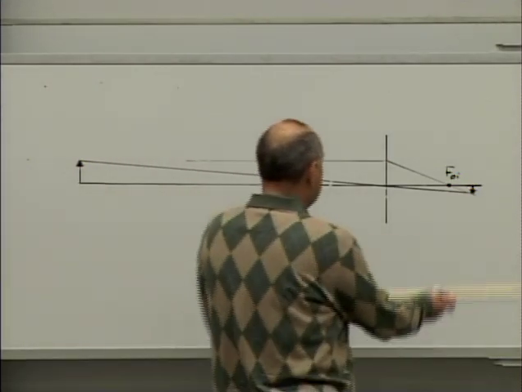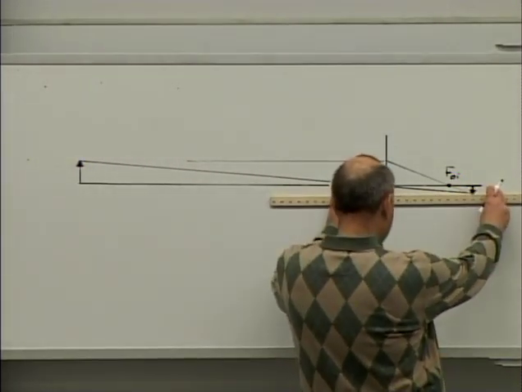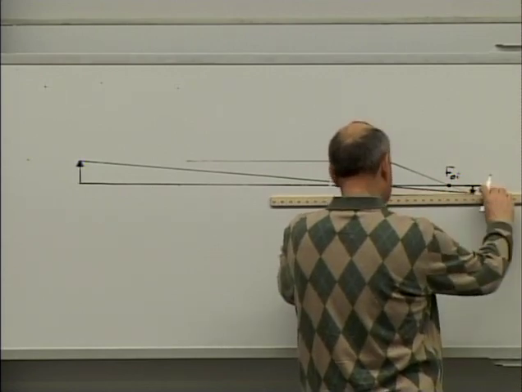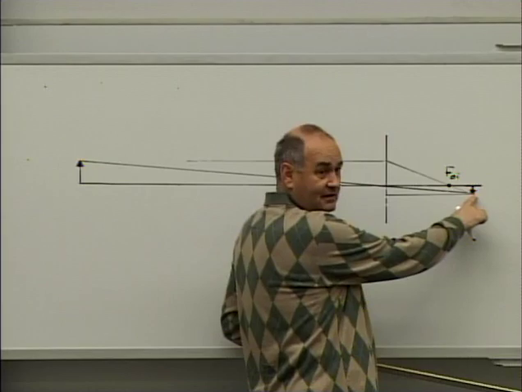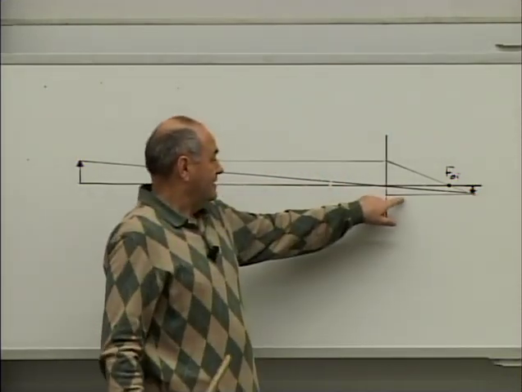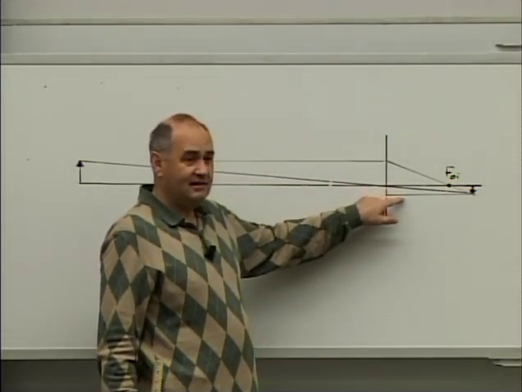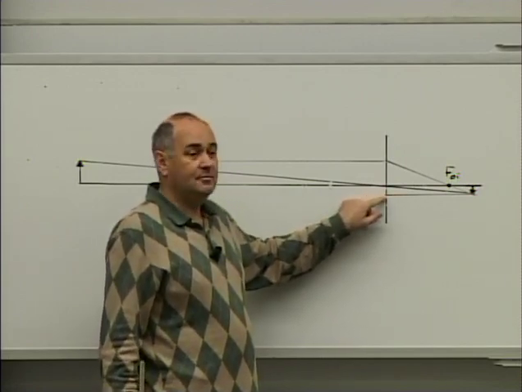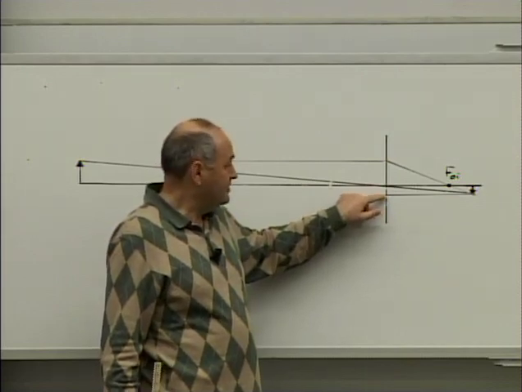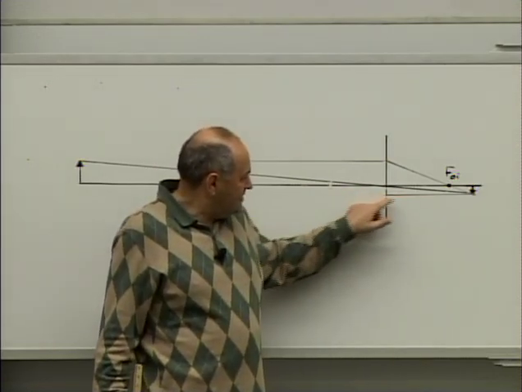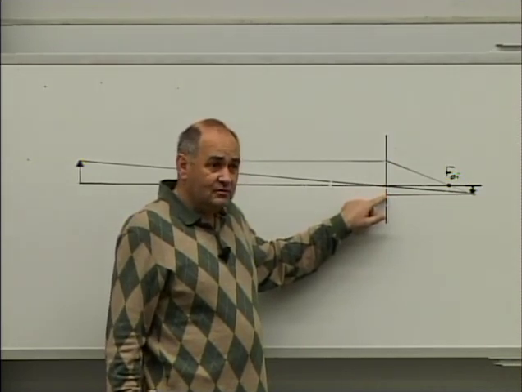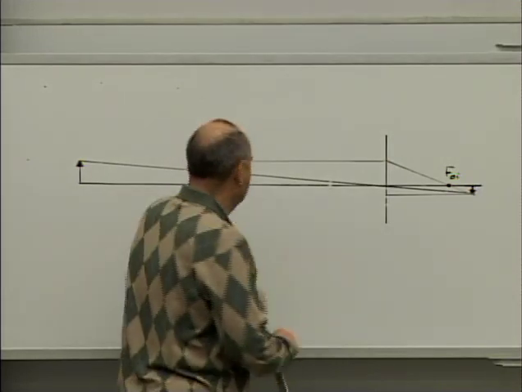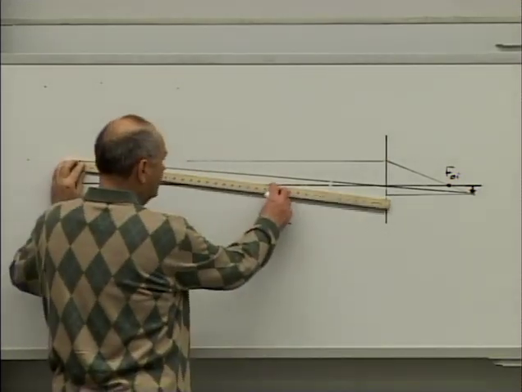I know that the image parallel ray has to pass through this point. Through the image, right? Now, the image parallel ray resulted from refraction of the object focal ray. And in order to be refracted in this direction, this is the location where the object focal ray has to hit the lens. And it started from that point.